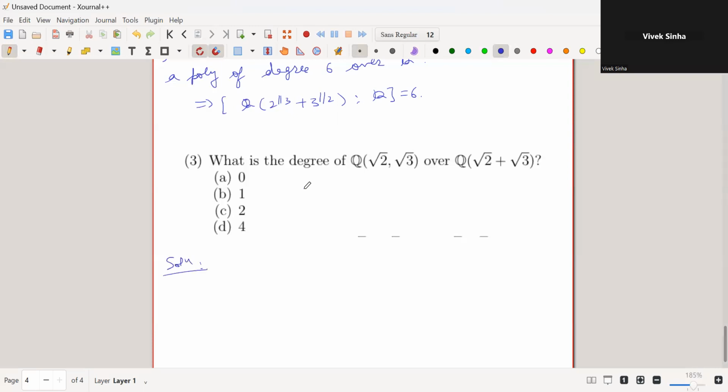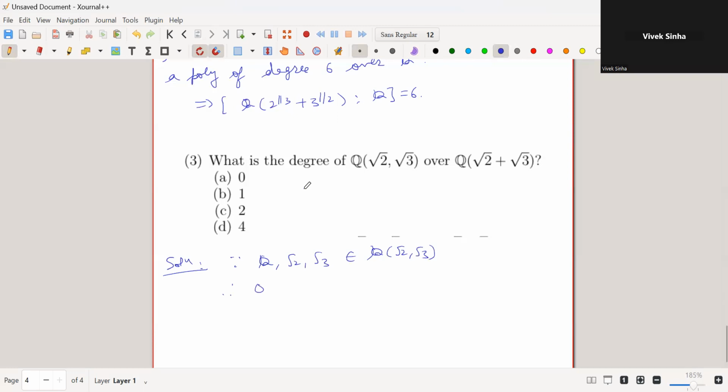So one thing is clear, that both are identical, yes, but we have to say why. Okay. Q(root 2) and root 3, they are inside Q(root 2, root 3).